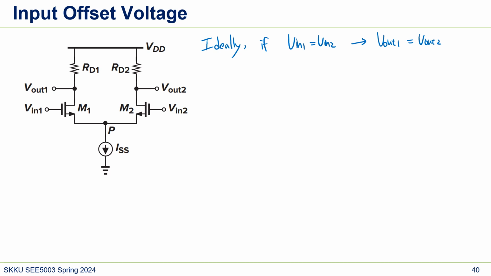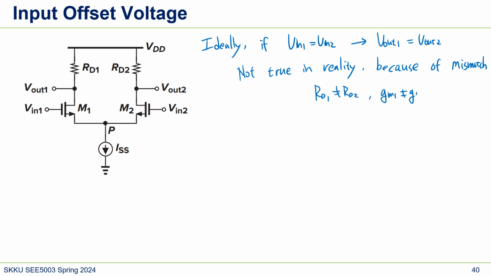But this is not true in reality, because of mismatch, like RD1 and RD2 are not the same, GM1 and GM2 are not the same, and VTH1 and VTH2 are not the same, or lots of other reasons that happen all the time.